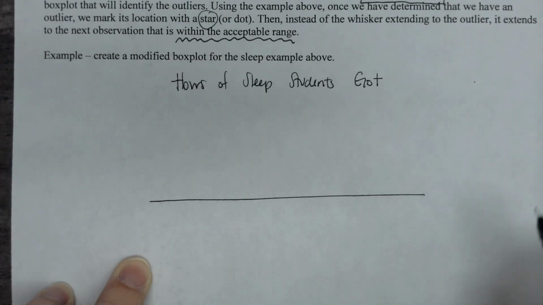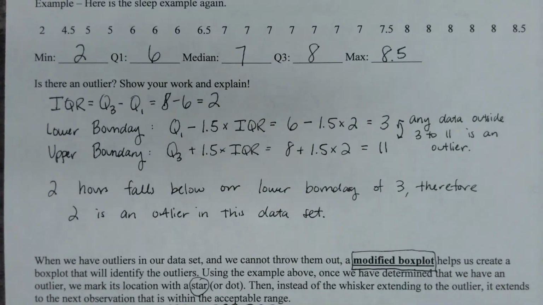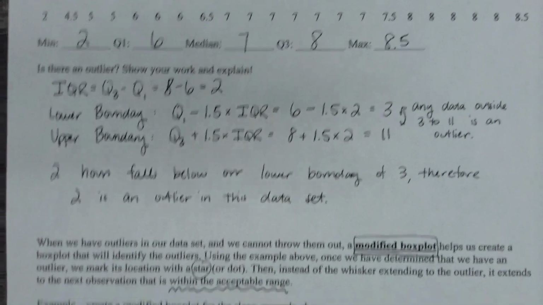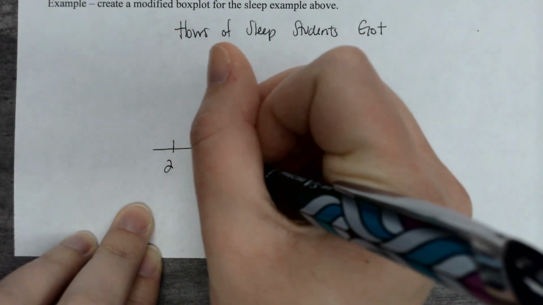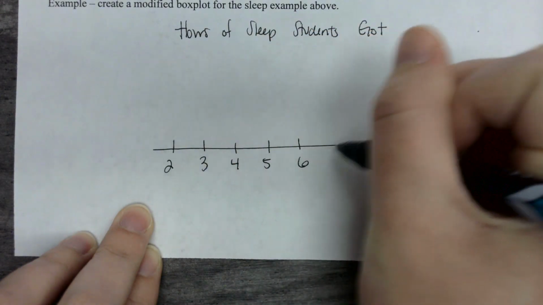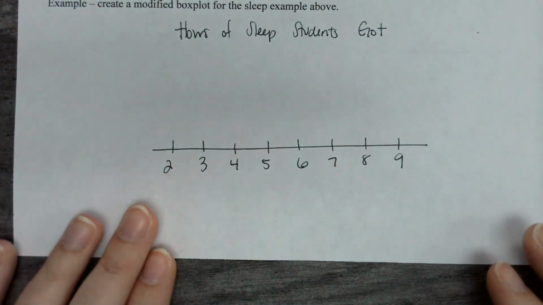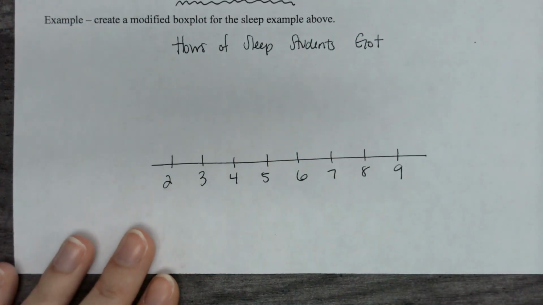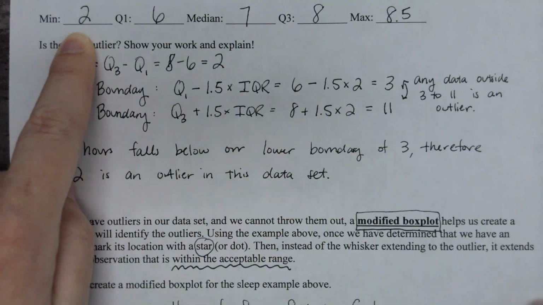An appropriate scale would probably be just ones, starting at 2 and going up to 9. So we have 2, 3, 4, 5, 8, 9. All right. So we have our minimum at 2, but that is our outlier.